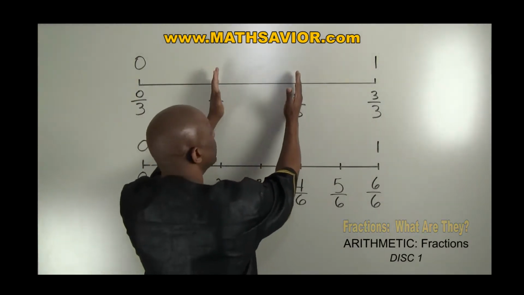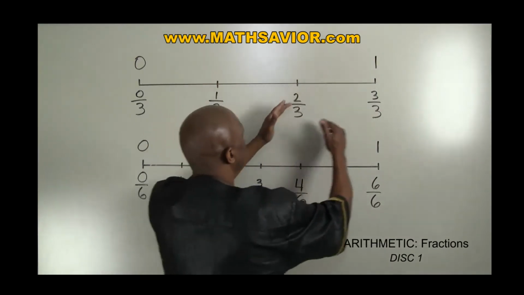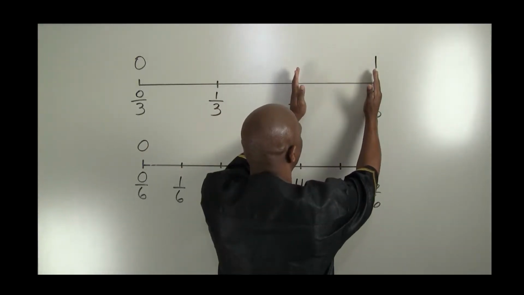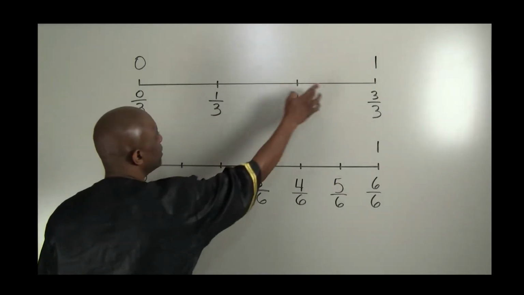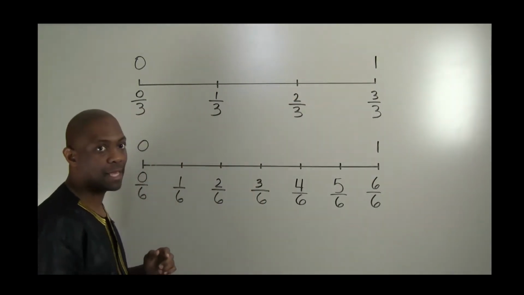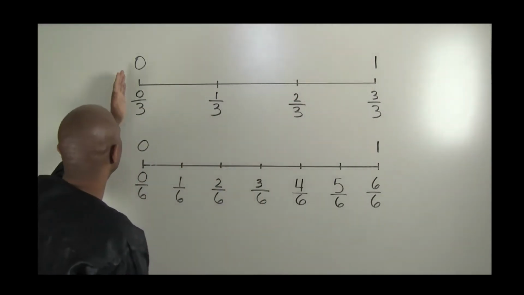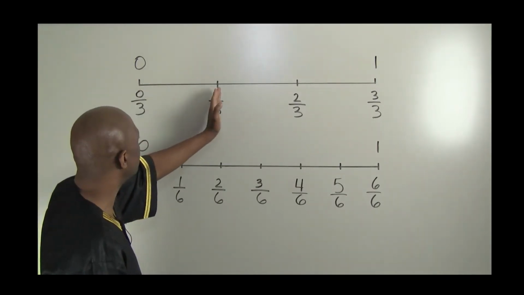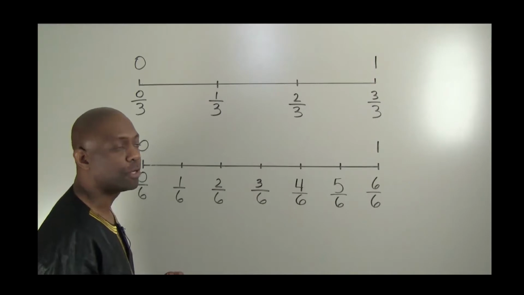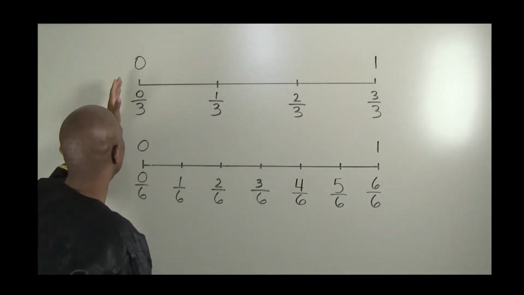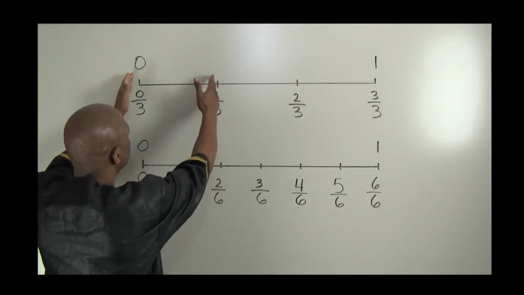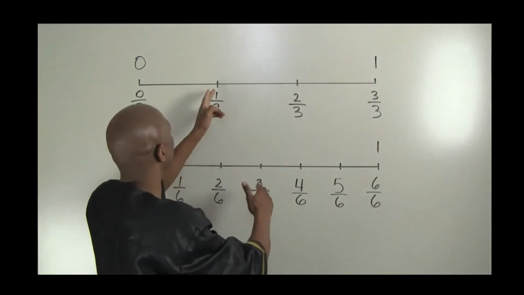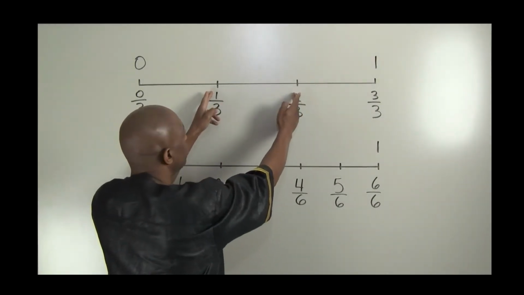The segment from here to here is exactly 1/3, and the segment from here to here is exactly 1/3. Each one of these segments is the exact same length. The distance from 0 to this first point, which we are calling 1/3, is equal in distance from the point that we're calling 1/3 to the point we're calling 2/3.